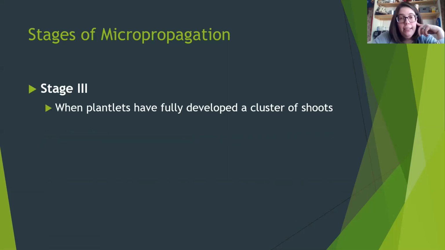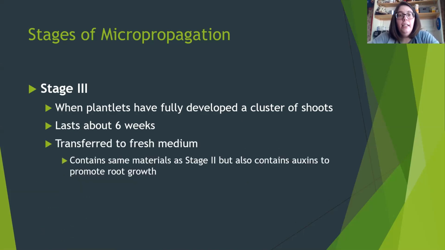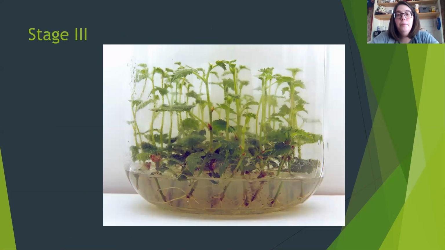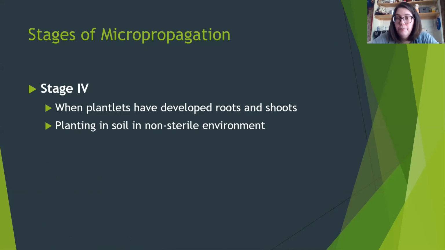When those little plantlets have fully developed clusters of shoots, we're going to put them into another medium that will last about 6 weeks. That's what we get. Okay? We got bigger shoots. Because stage 4 is when we get roots.